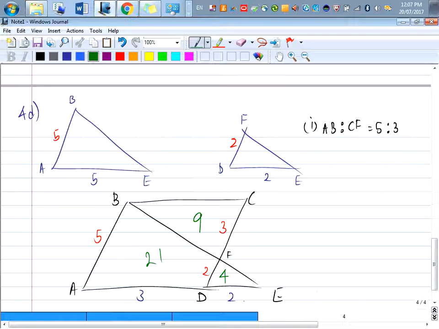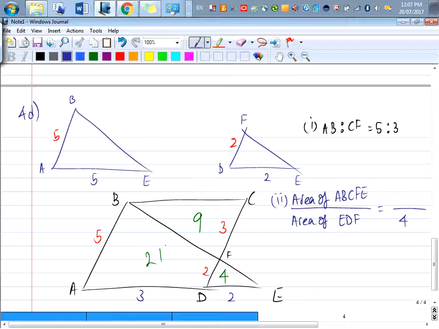So to find out the actual area of the entire object, we can form an equation. Area of A, B, C, F, E over area of E, D, F. E, D, F will be 4 units at the bottom.